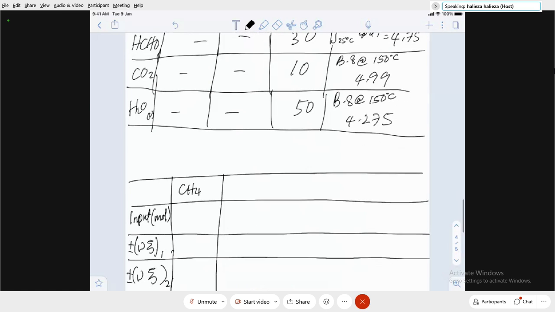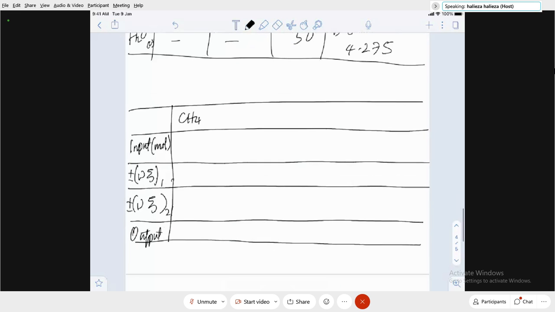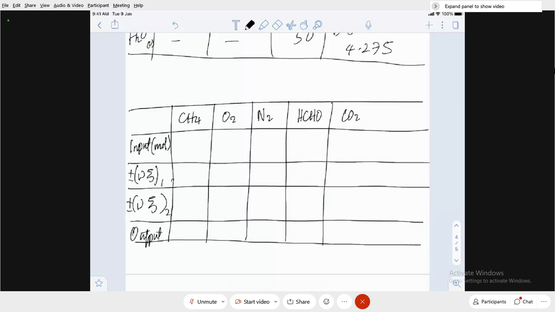I need to erase that because I want to make sure that I have enough space for every component. I have nitrogen, I have formaldehyde, I have carbon dioxide. Yeah, that's nice. That's better.